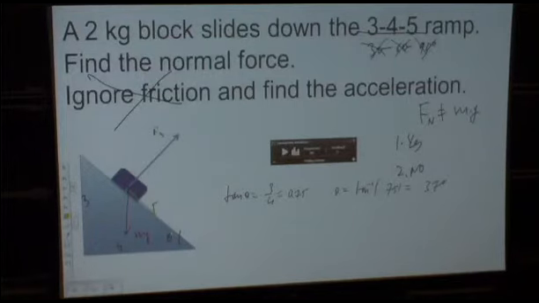So what we're doing now is we're solving a different problem, which is absolutely equivalent to the original problem. Instead of solving the problem like that, normal and gravity, we solve a problem like this.